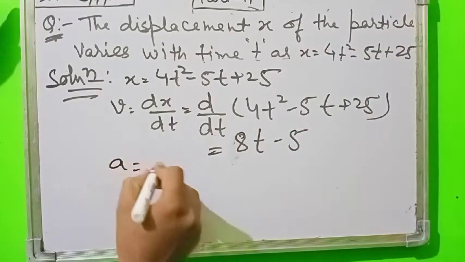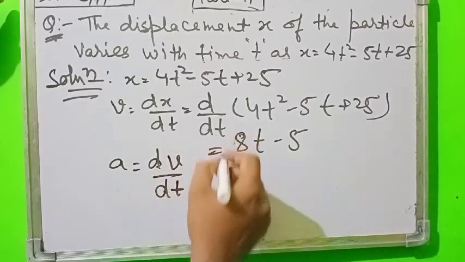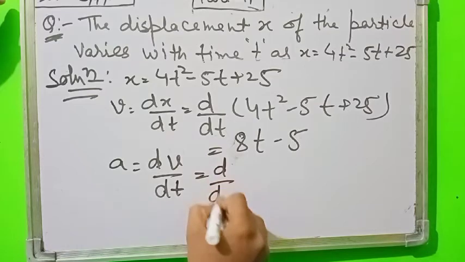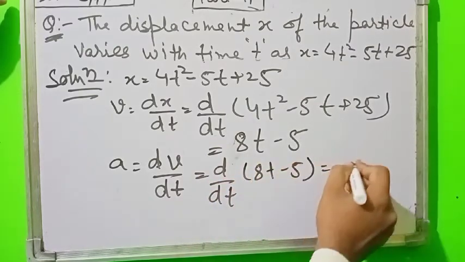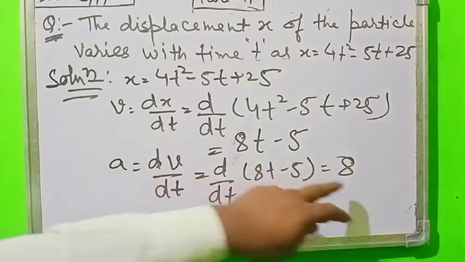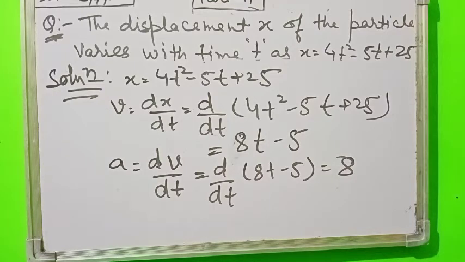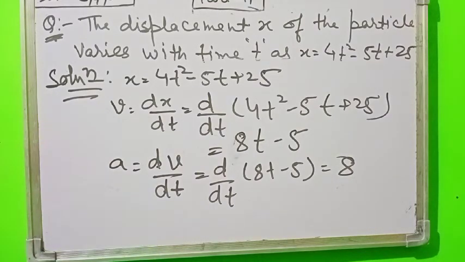And acceleration of the particle is dv upon dt, so d upon dt of 8t minus 5, and it is equal to 8. So look at here, the acceleration is not dependent on time. It means that the body is moving with uniform acceleration. You can call the motion is with uniform acceleration.